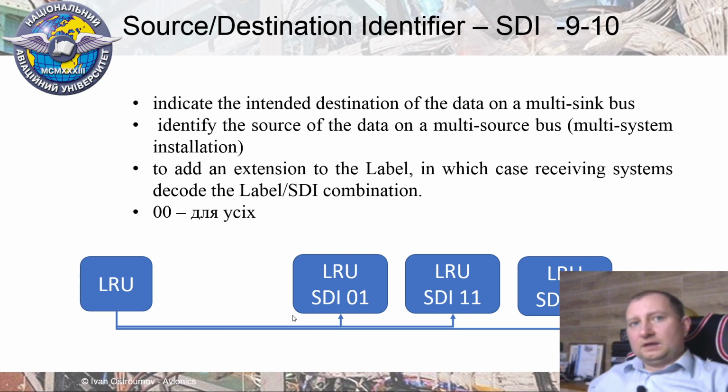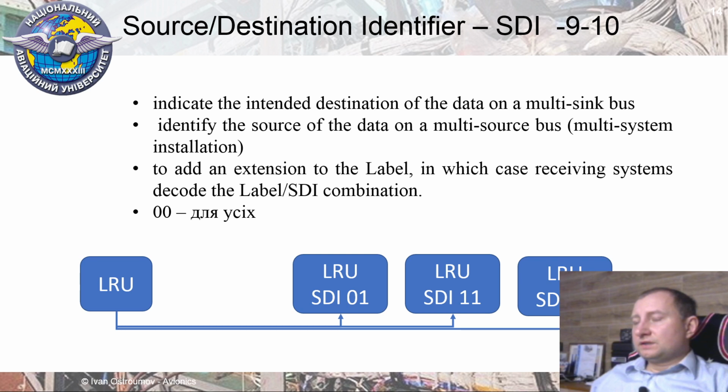SDI 00 is used for a broadcast mode in which all data transmitted from an LRU will be received by all other LRUs. In some modifications of ARINC 429, these 2 bits can be used as an extension of the label.